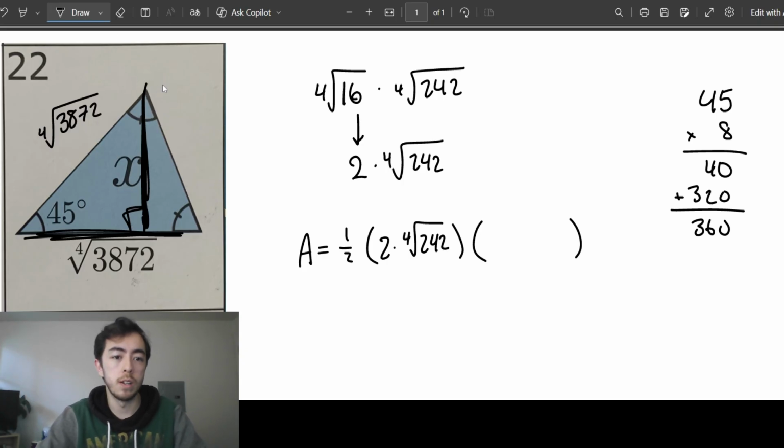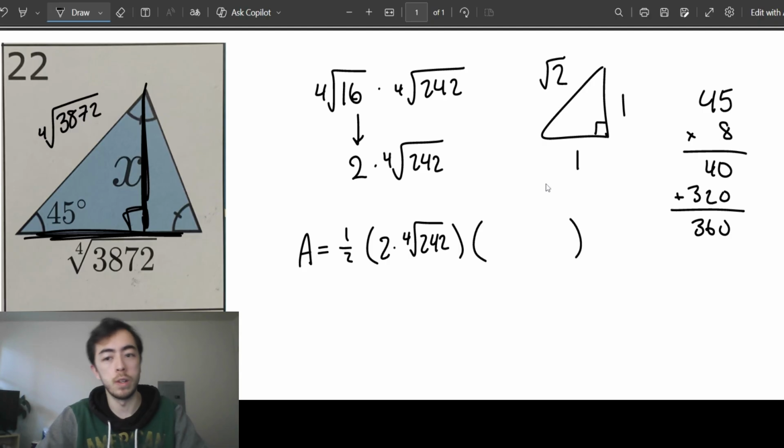However, not too hard. We do have a 45, 45, 90 triangle right here. And these triangles have a relationship where if you know the hypotenuse, you just need to divide by root 2 to get one of the legs. Or if you had information about the legs, you could multiply by root 2 to get the hypotenuse. Here, however, we are starting with the information of knowing the hypotenuse.